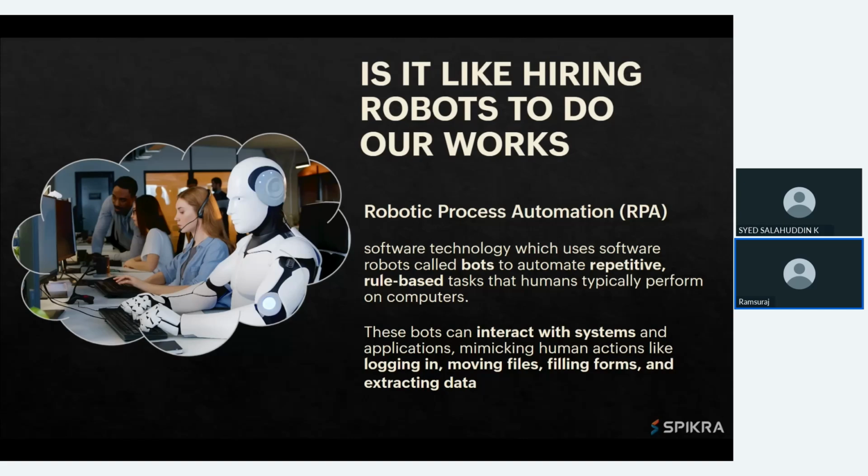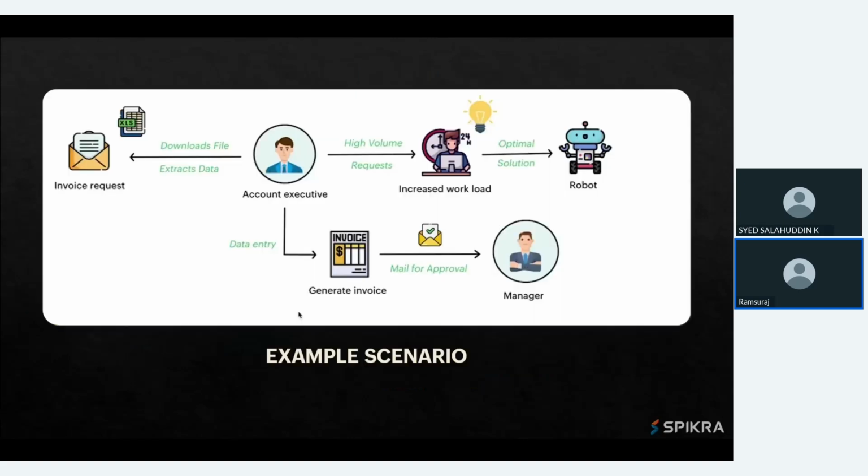Okay, let's get into an example scenario where you need an RPA. First, you have an invoice request or invoice files in your system. Either you extract the invoice from your system or download the file from some website.